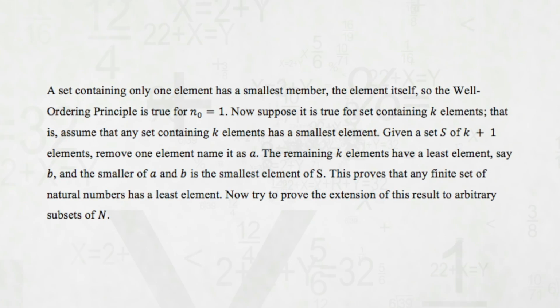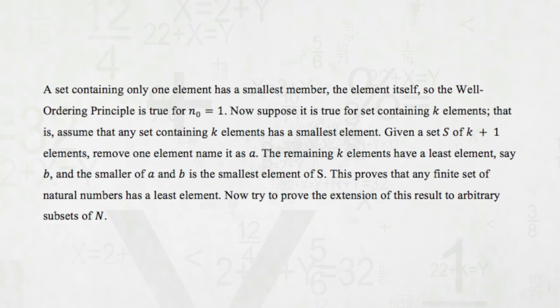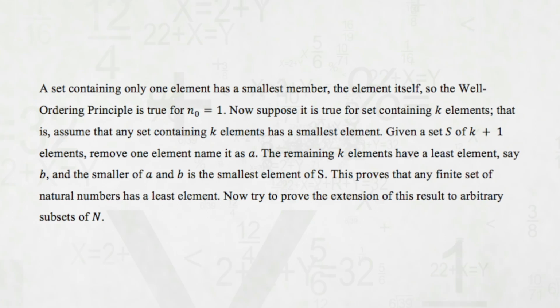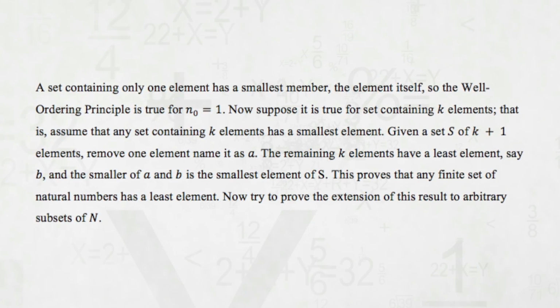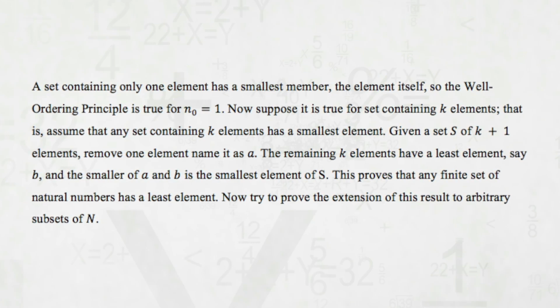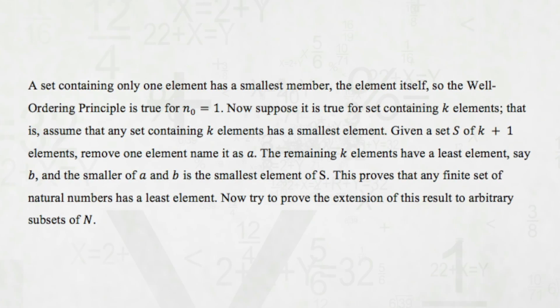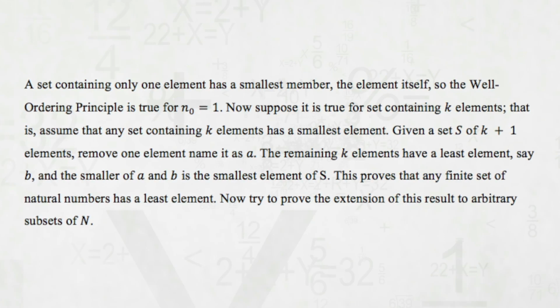Given a set S of k plus 1 elements, remove one element, name it A. The remaining k elements have a least element, say B, and the smaller of A and B is the smallest element of S. This proves that any finite set of natural numbers has a least element. Now, we try to prove the extension of the result to arbitrary subsets of the natural numbers.